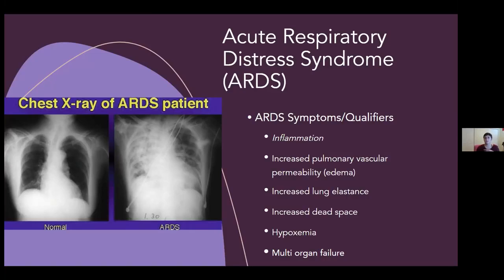Gas exchange only happens in the alveoli. So people who have ARDS, a lot less of their alveoli are functioning, so they have more dead space, so more parts of their lung that aren't participating in this exchange of oxygen and carbon dioxide. What this leads to is something called hypoxemia, and that just means that the body doesn't have enough oxygen in it. And unfortunately, what this typically leads to is multi-organ failure.